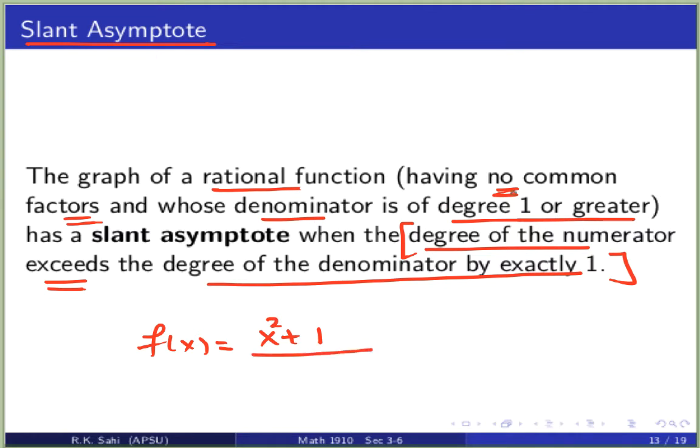The denominator has to be degree 1 or greater. In other words, I cannot have a constant there. So for example, if you have x squared plus 1 over x plus 1, the degree of the numerator is exactly one greater.